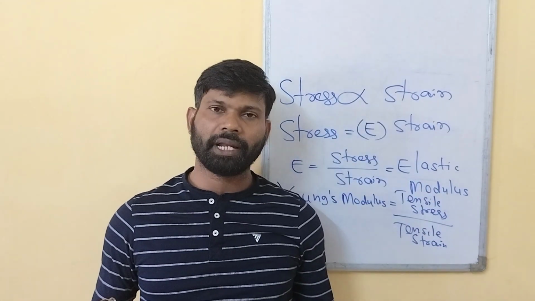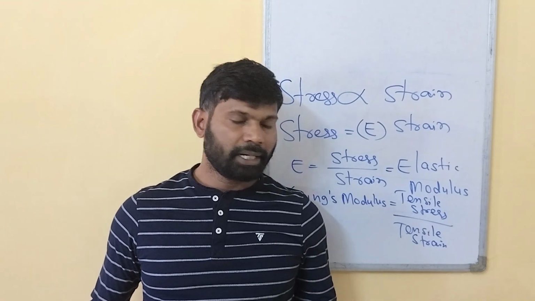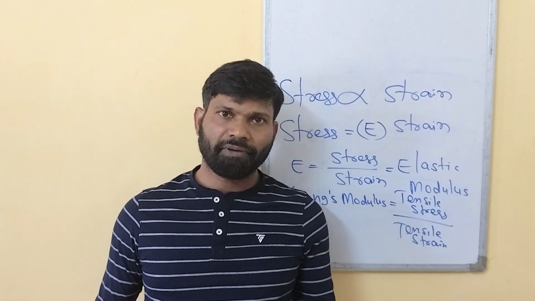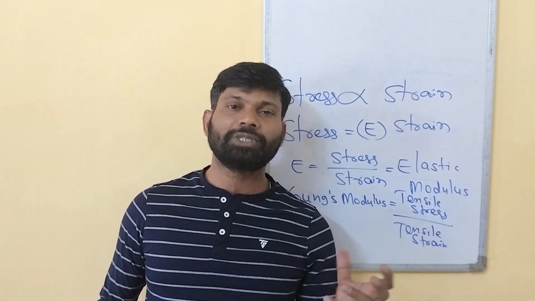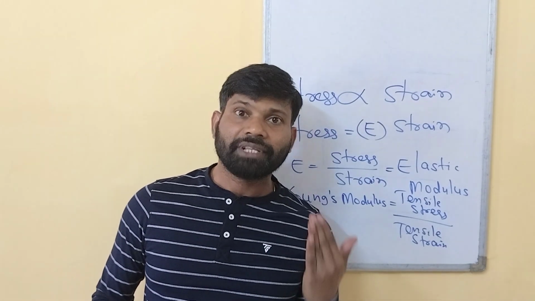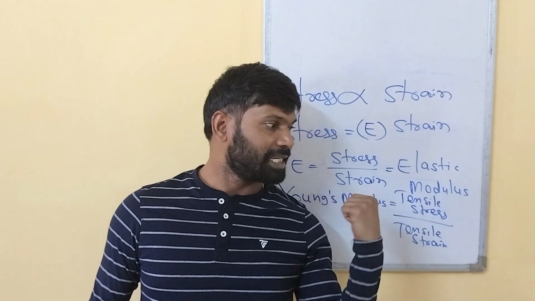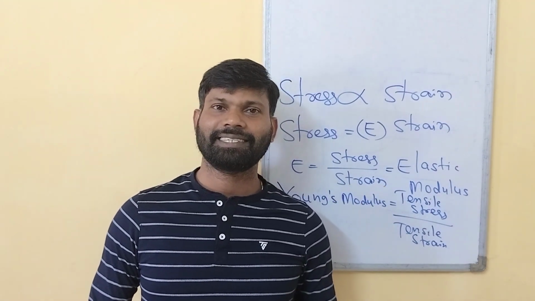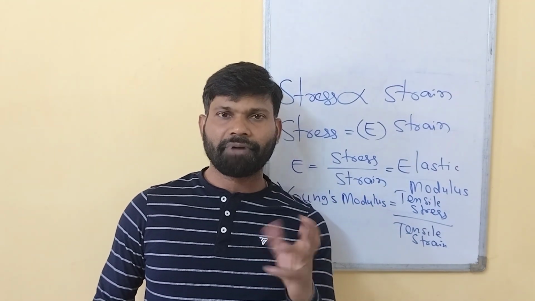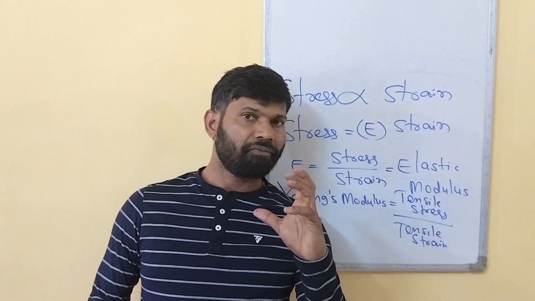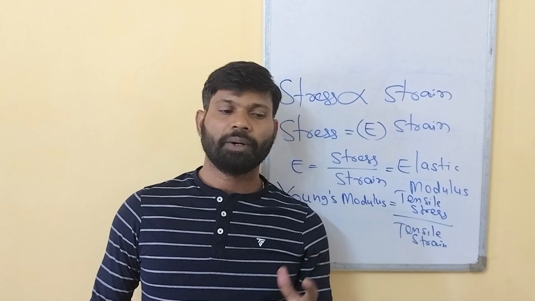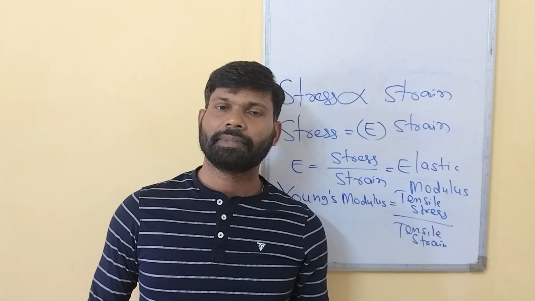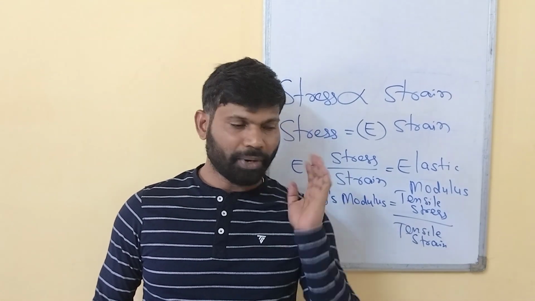How many stories are you going to build? 10 floors or 15 floors or 6 floors. Depending on that, you have to choose the material which can withstand this tensile stress. So that is the application. Indirectly we are seeing which type of material you can choose to build a building. You are understanding, no? Okay.